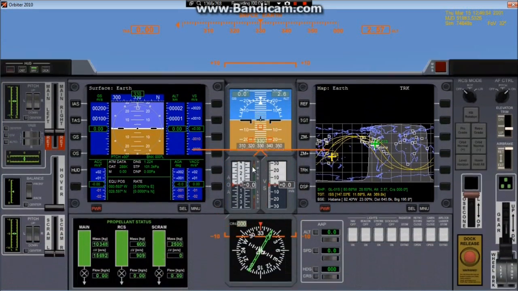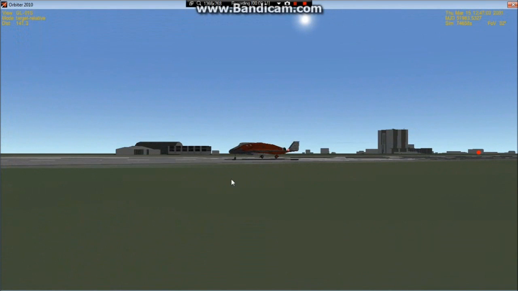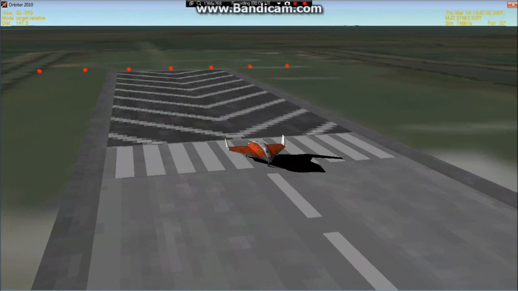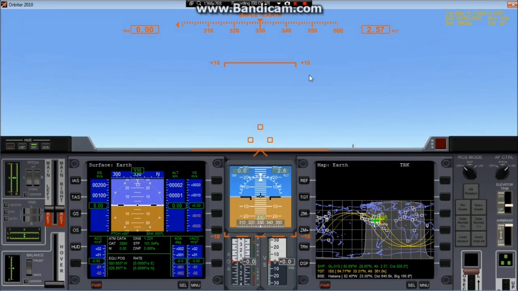Okay, so we forgot to turn the lights on. We're going to go ahead and turn strobe, navigation, and beacon lights on. And now we sit here on the pad in the morning waiting for that time. And we're going to go slow with the time acceleration so we don't miss the launch. We're approximately 90 minutes now from takeoff.